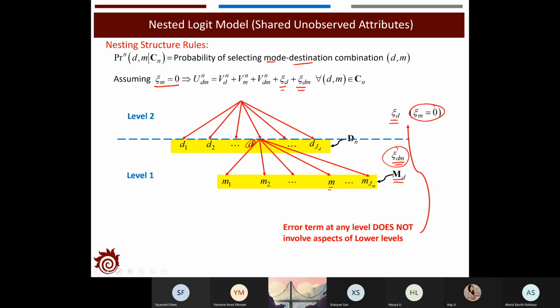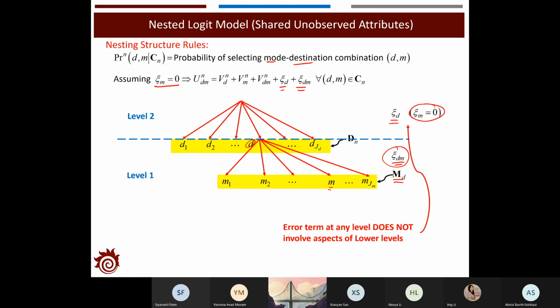So basically for the nesting structure rule, the random term or the error term at any level does not involve any other dimensions at the lower levels. For example, for this case, in the level 2, we have the destination. We only have destination. The mode is under the lower level, so we don't include the mode in the random term.